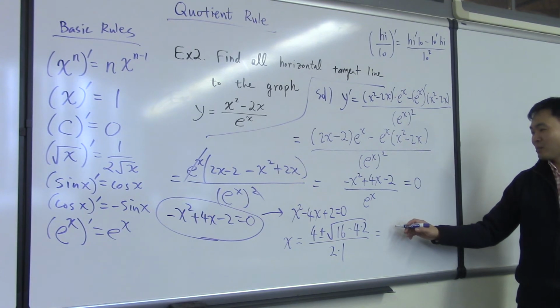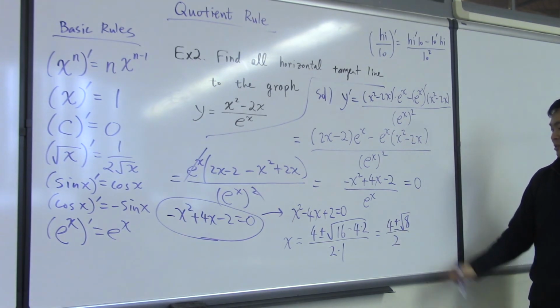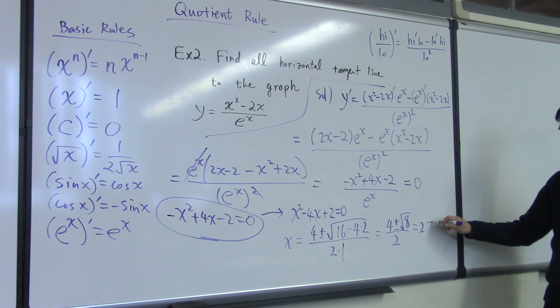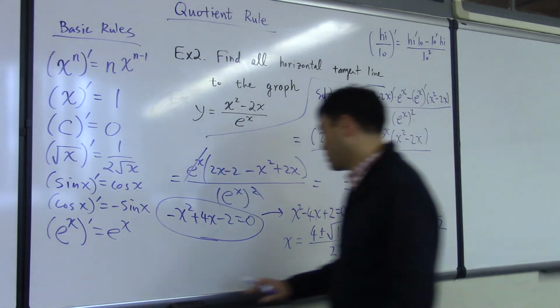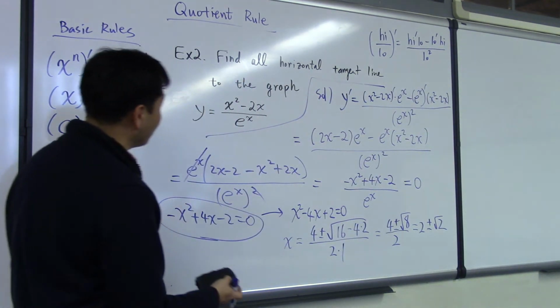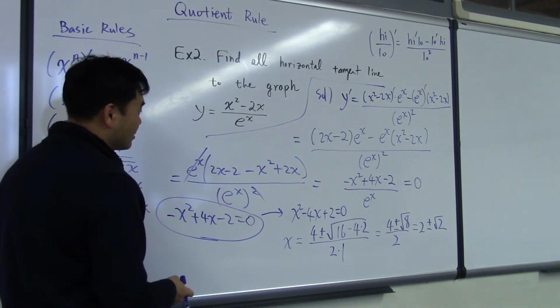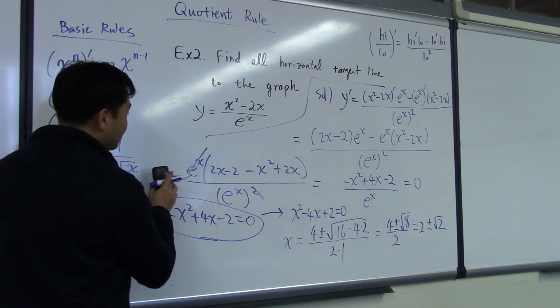If you have 4 plus or minus the square root of 8 over 2, the square root of 8 is 2 radical 2, so you can simplify this to 2 plus or minus radical 2. So you actually have two places where it has a horizontal tangent line. Those are the x values where you have the horizontal tangent line.